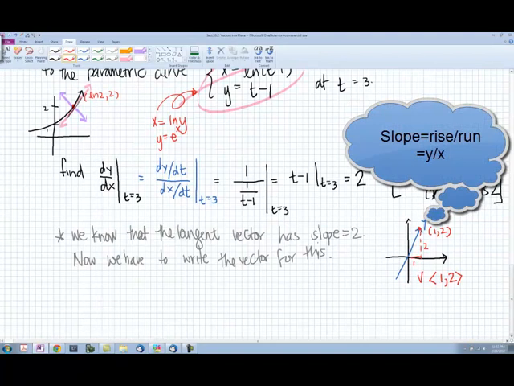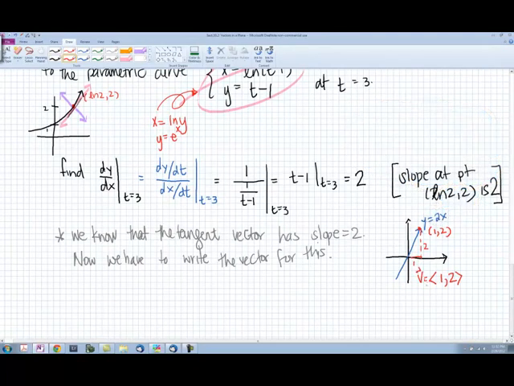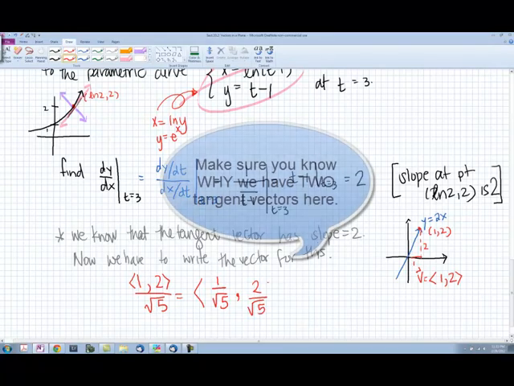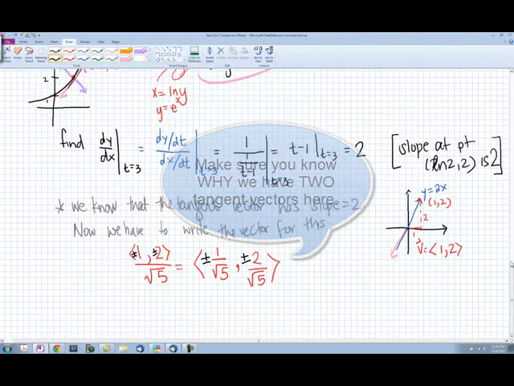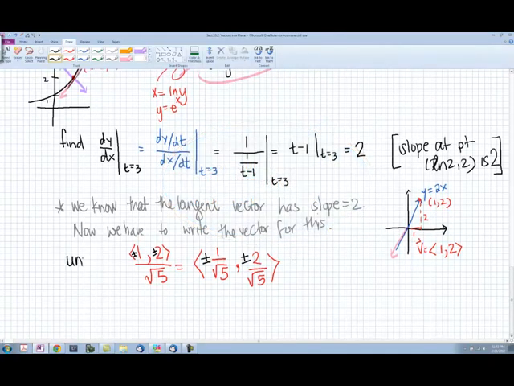Then we need to turn it into a unit vector by dividing by its magnitude. So I'm going to have 1, 2 divided by radical 5, and I'm going to have vector 1 over radical 5, 2 over radical 5. What we have here are 2 different unit vectors, one leading into quadrant 1 and one leading into quadrant 3. These are the tangent unit vectors.